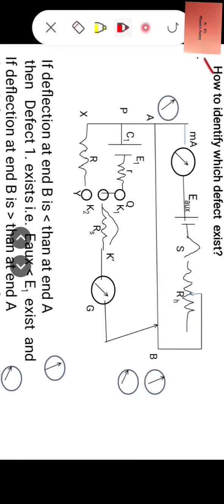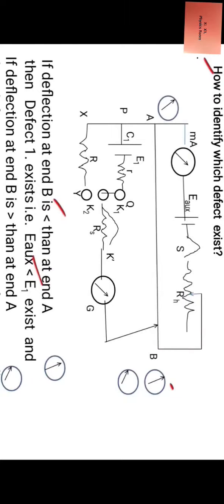Now how to identify which defect exists? If deflection at end B is less than at end A, then defect 1 exists, that is E auxiliary is less than E1.